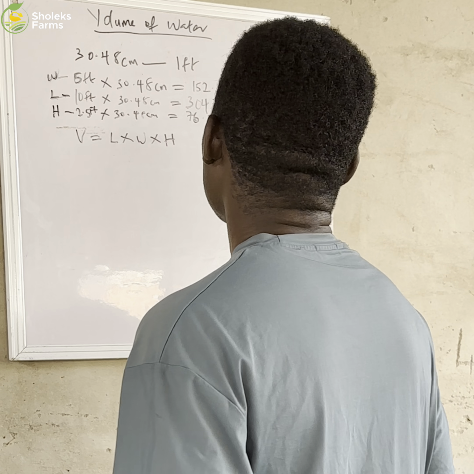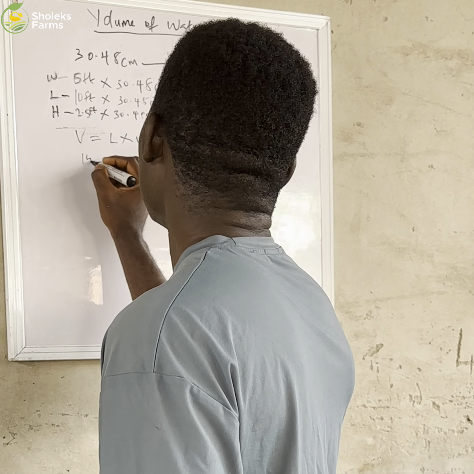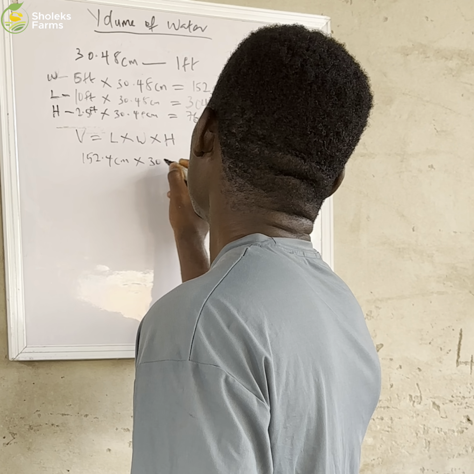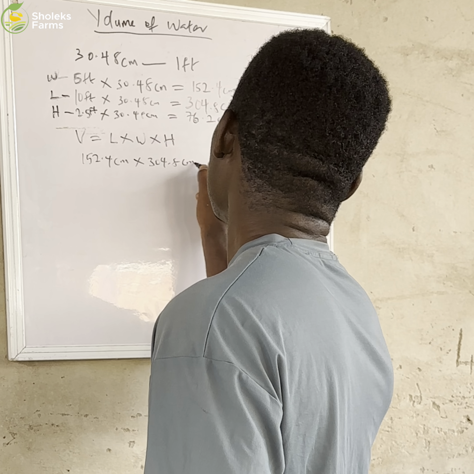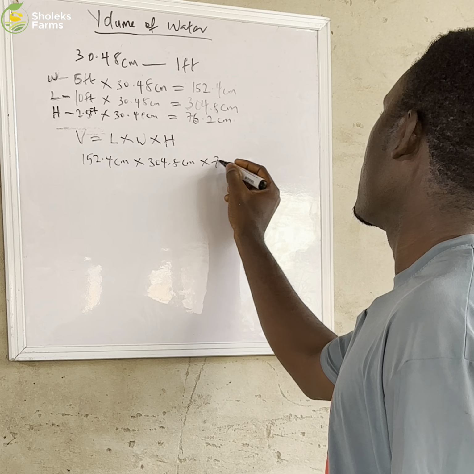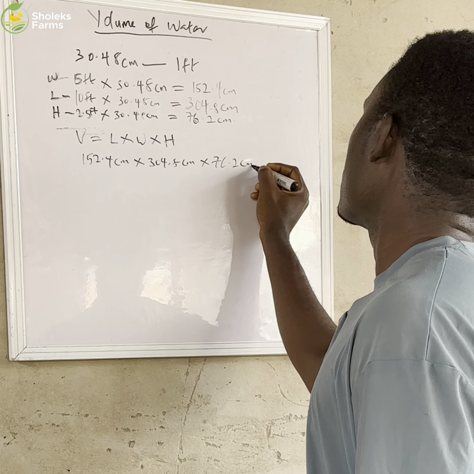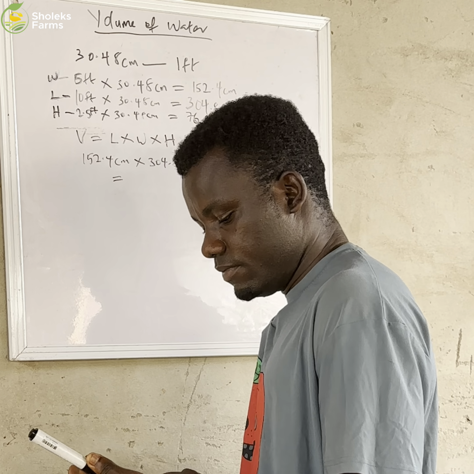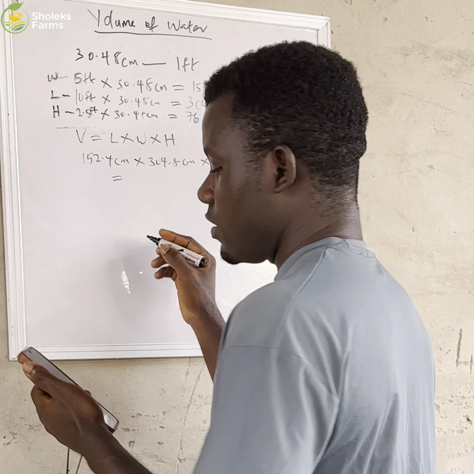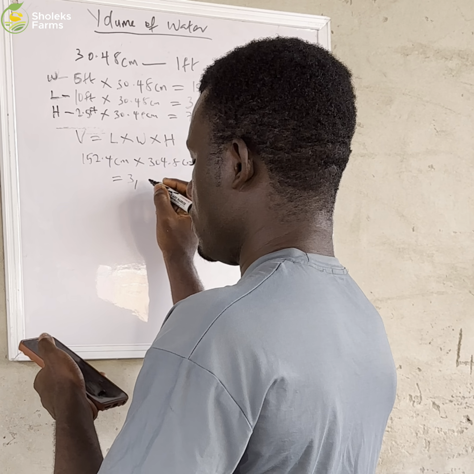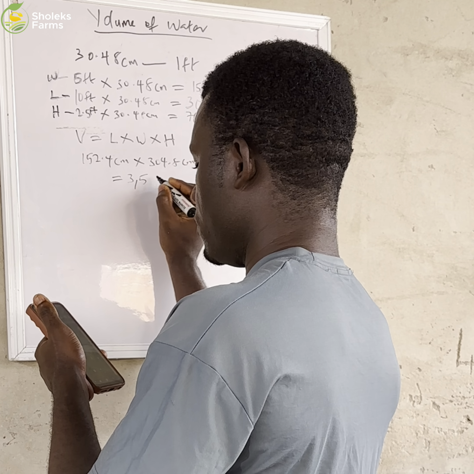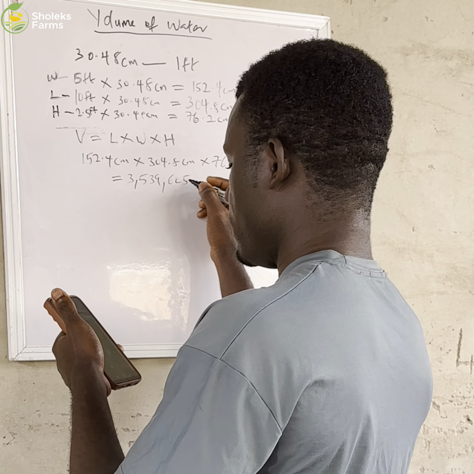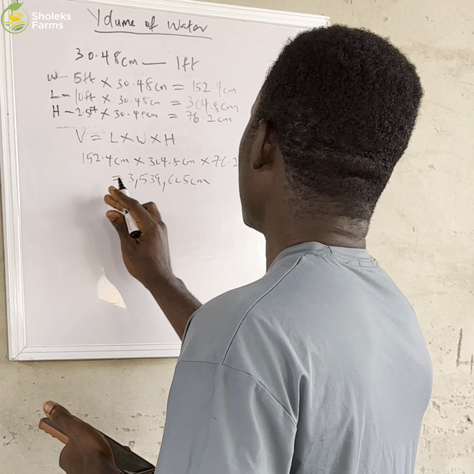So we have 152.4 centimeter times 304.8 centimeter times 76.2 centimeter. Let's calculate. This will give us a total of 3,539,605 in centimeter.